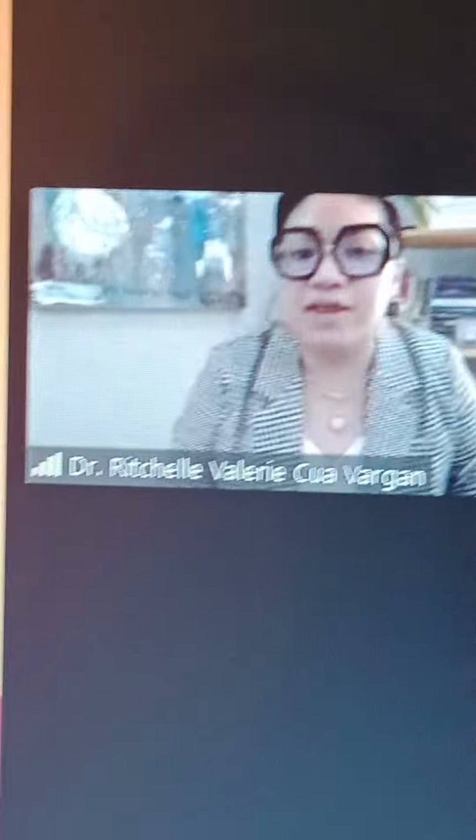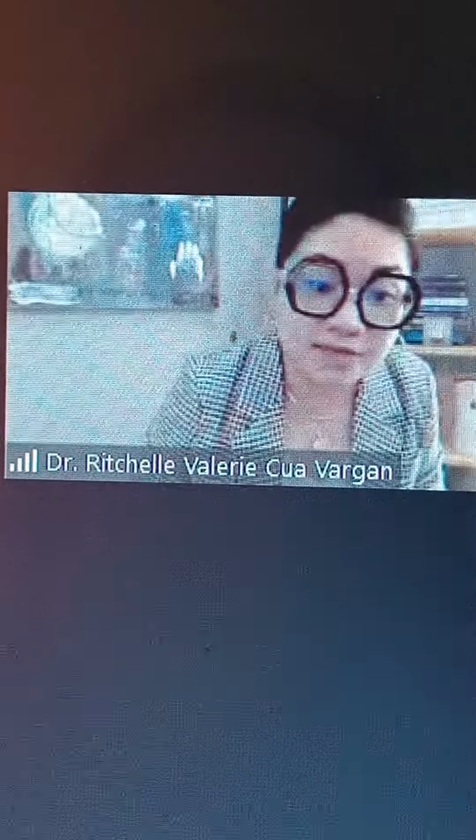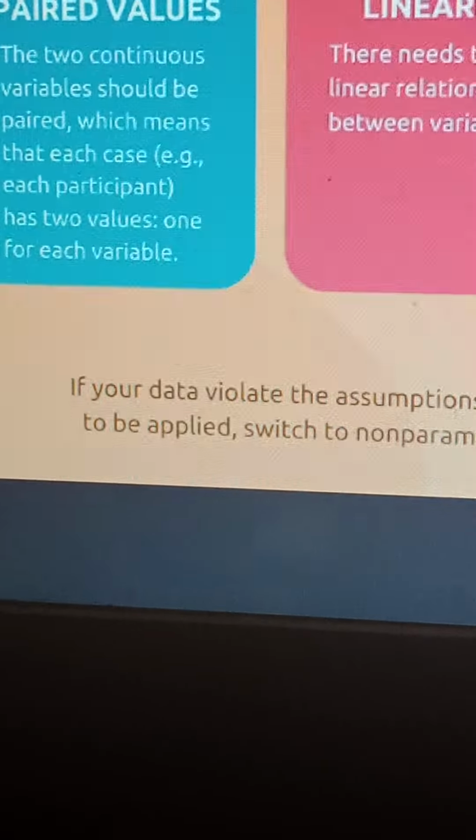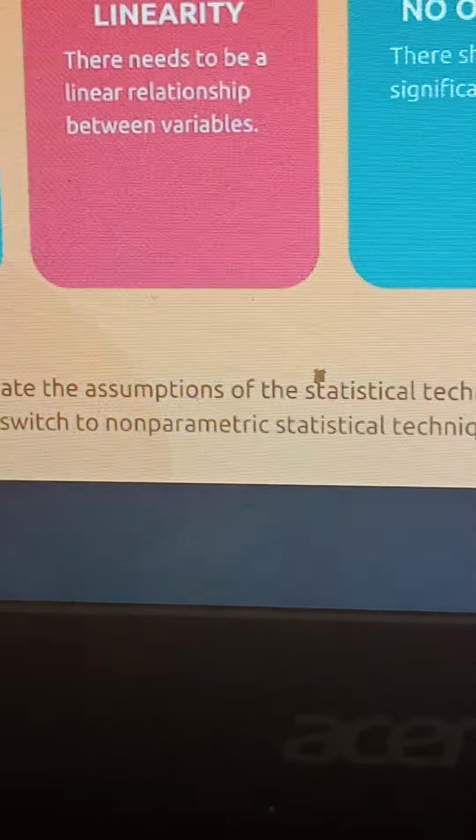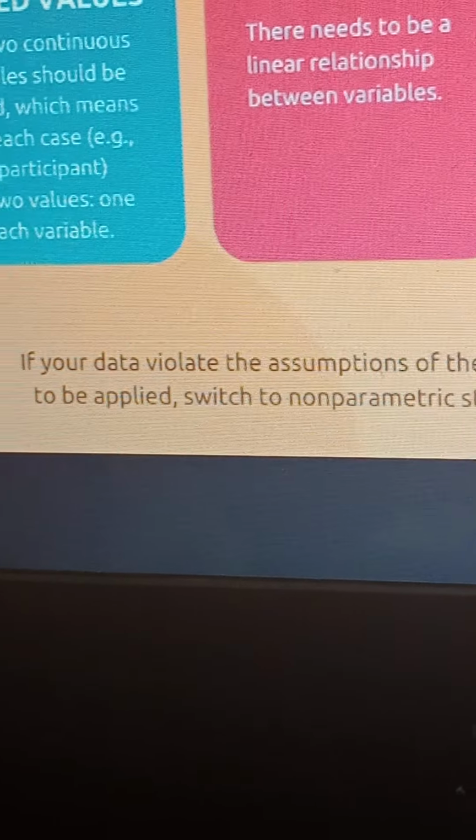If the sample size is 30 and above, then the central limit theorem applies to that data, and we can neglect this assumption. We don't need to follow normality as long as your sample size is large. So if your data violate the assumptions of a statistical technique, such as the Pearson correlation, the non-parametric counterpart is the Spearman rank correlation.